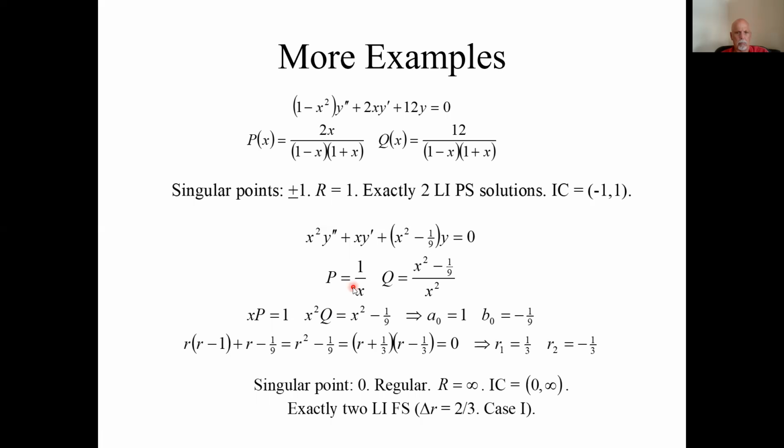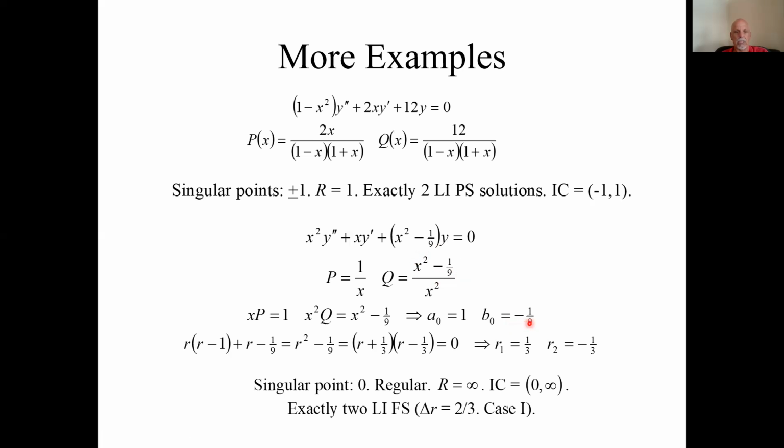Here's P. I multiply by x, I get 1. So a sub 0 is 1. Q, if I multiply by x squared, I just get this numerator, and then I let x go to 0. So b sub 0 equals minus 1/9, this numerator evaluated at x equals 0.